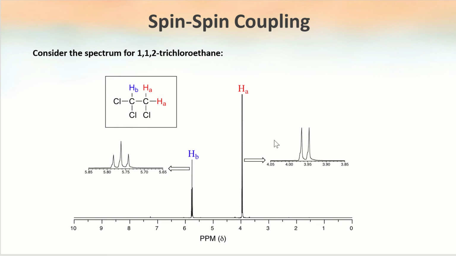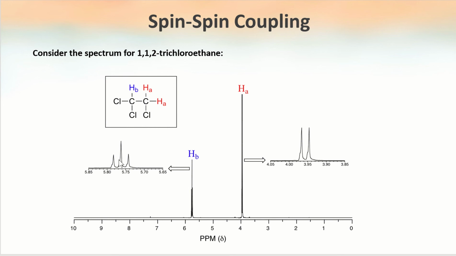the multiplicity. So just in case this might be confusing, this is how the spectrum looks, and this is just a zoom in on HA. If you zoom in on it, it will look like this. And the value that we read is the midpoint, so somewhere here, that's the value that we would record as our chemical shift.